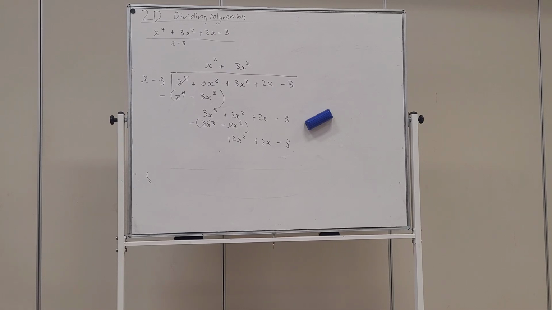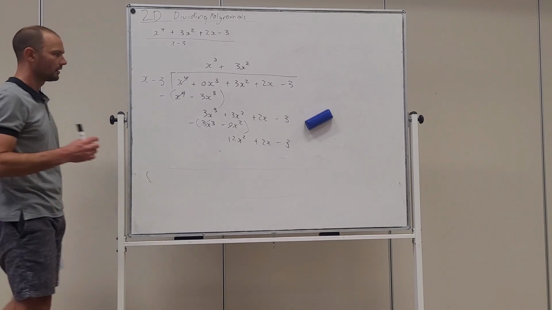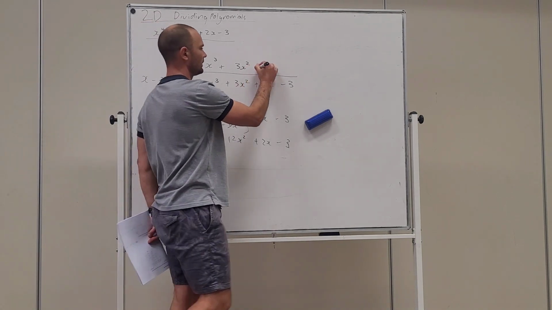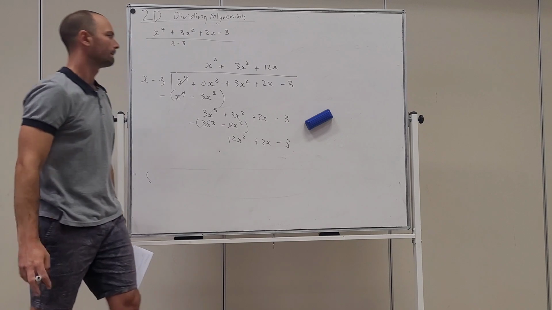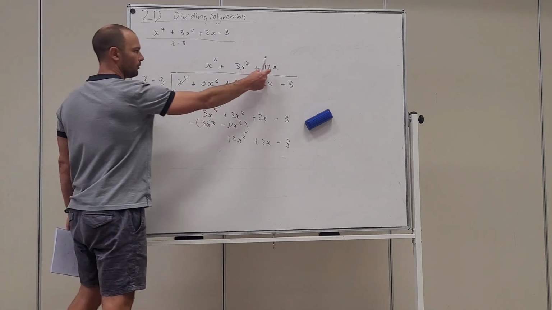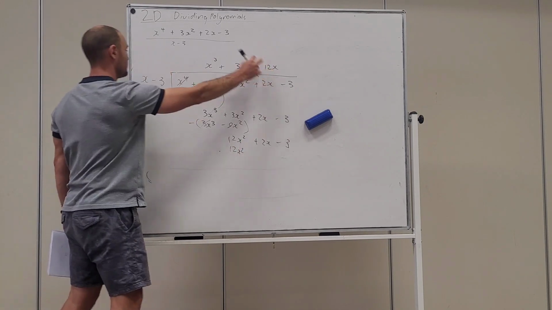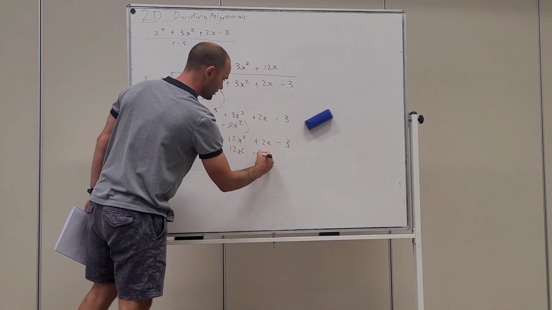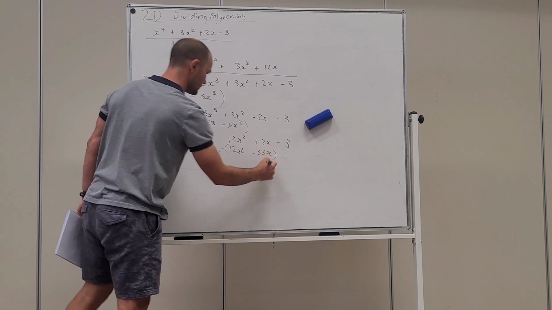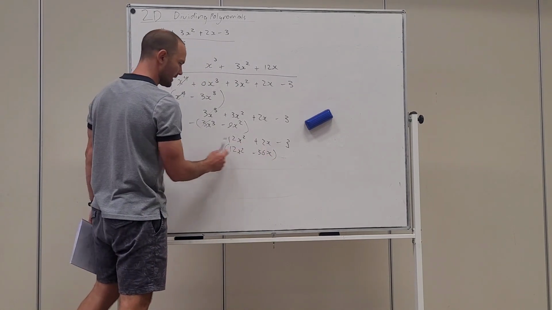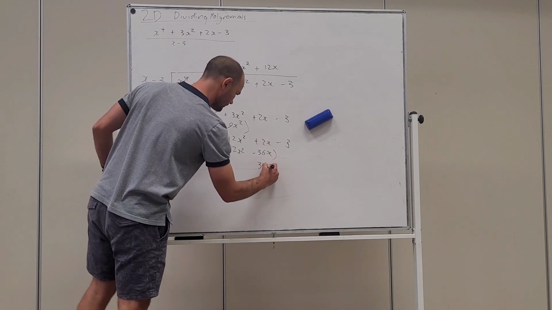We've got 12x squared. What do we multiply by x to get 12x squared? The answer will be plus 12x. Okay, let's perform it. 12x times x, 12x squared. 12x times minus 3, minus 36x. Subtract it away. We have 2 take minus 36 becomes positive 38.